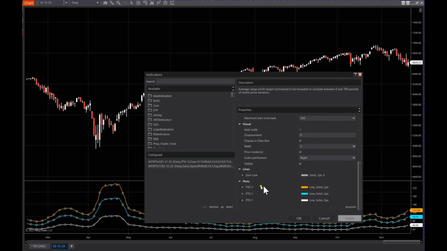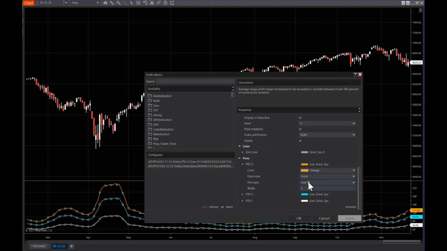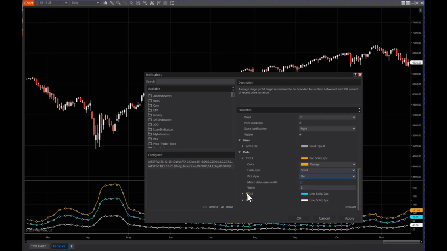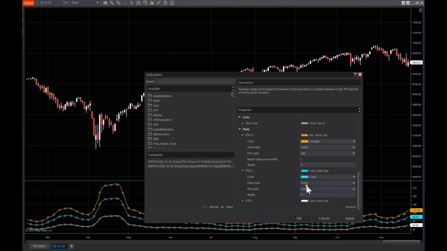And you can see that there is a solid line. If you want it like a histogram, just select bar instead of line. Change these to bar.